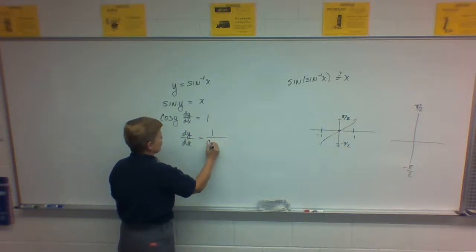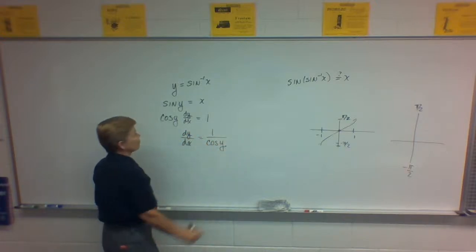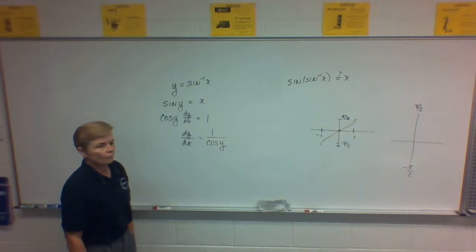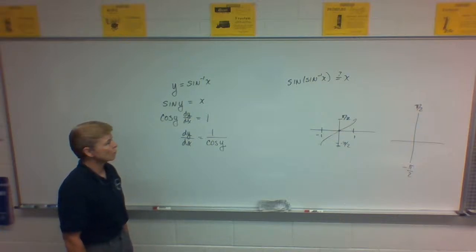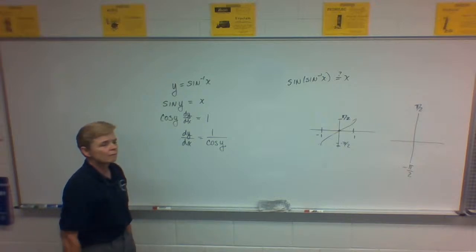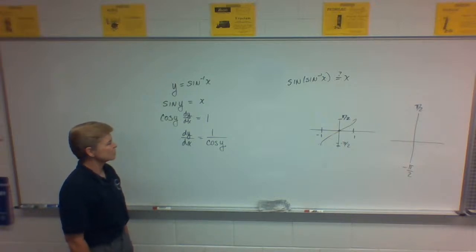It's secant. More secant of 1. Do you agree with that? Yep. But what is y? I mean, the dy/dx that only has a y in it would be nice if it had x's in it instead. What is y again? Sine of inverse sine of x. Inverse sine of x.